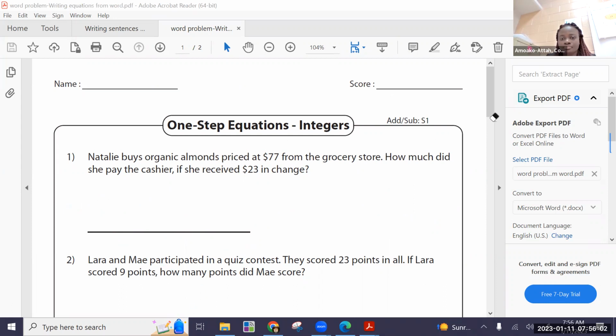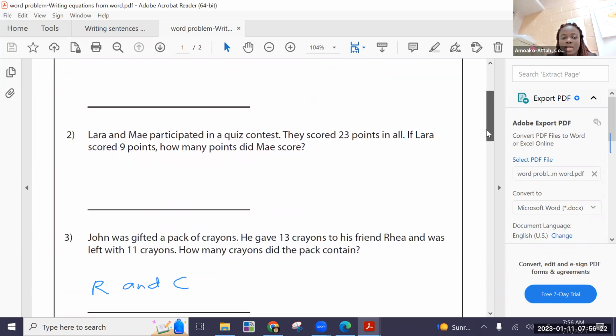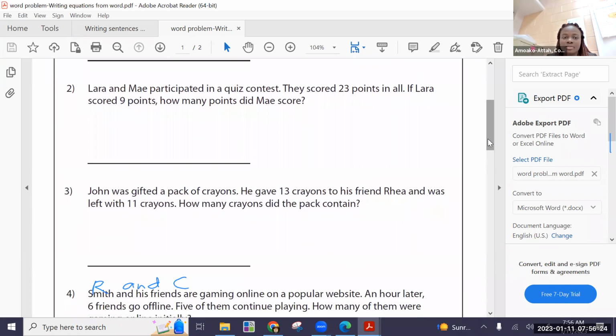So we have Ruth and Comfort. Okay, so let's use R and C. I think R and C is also very interesting. You can use any variable at all. Remember, variable is an unknown figure or unknown number that we have to find.